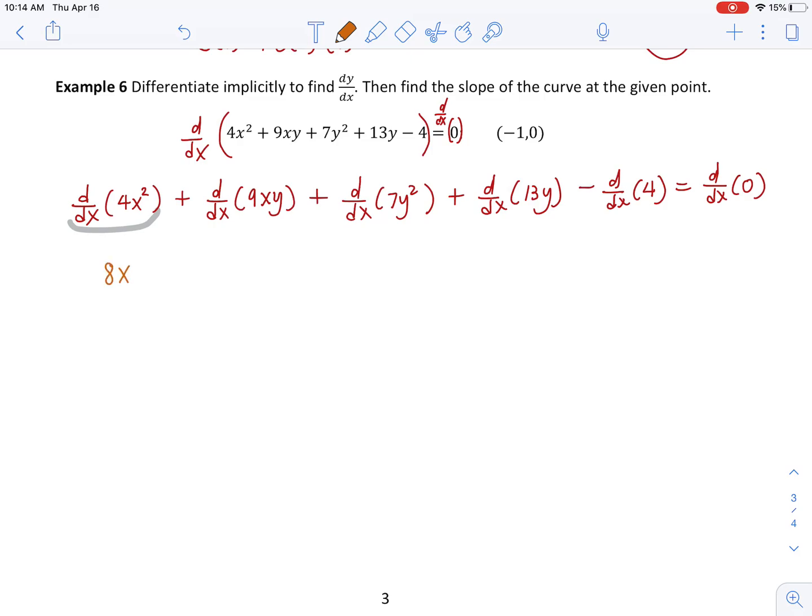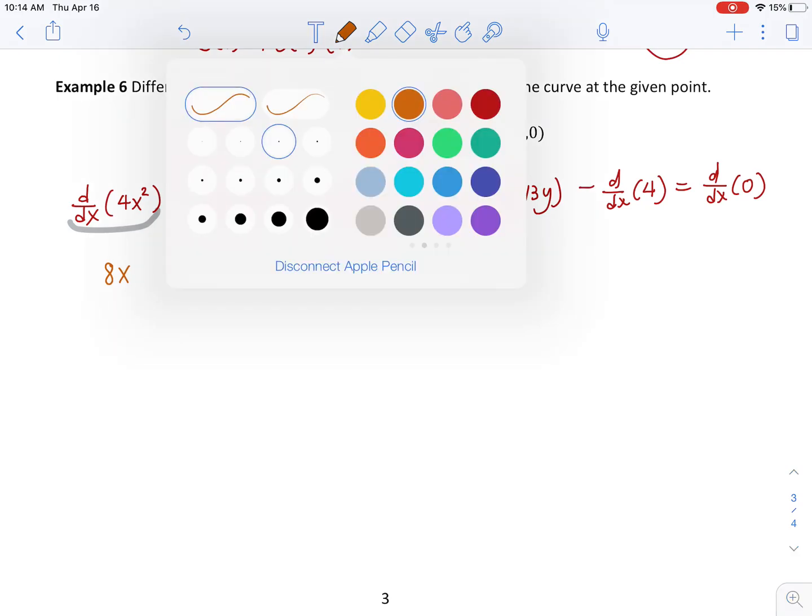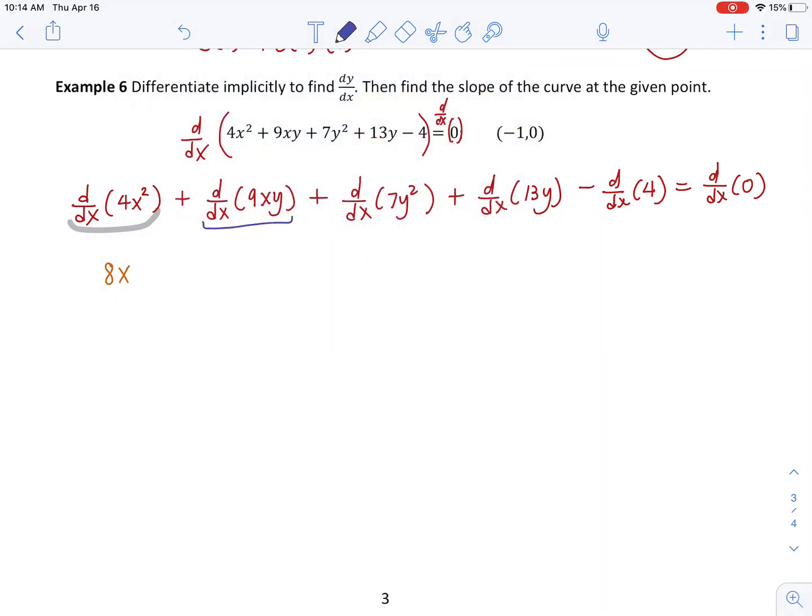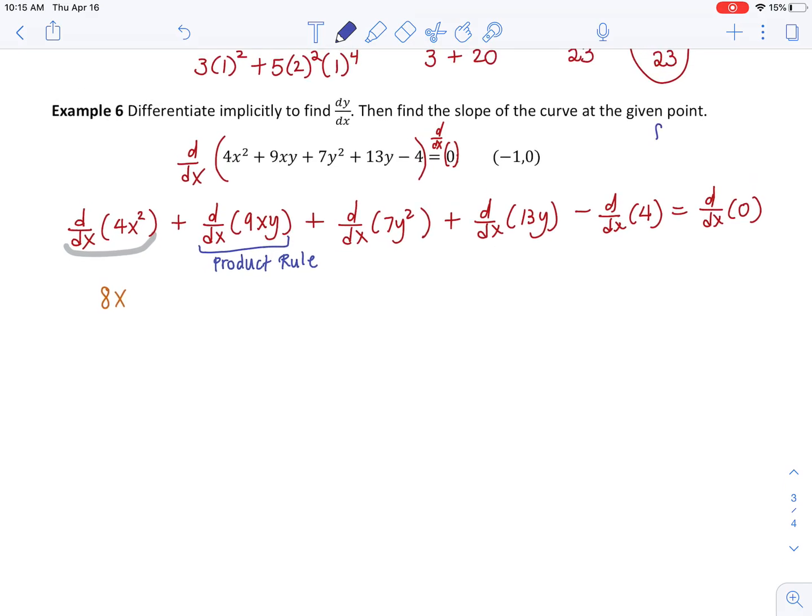All right, let's start with this one. That's just written in x, so super easy. That's just going to be 8x. Now, the hard one. We have to use what rule? We have to use the product rule here. Let's use the product rule.